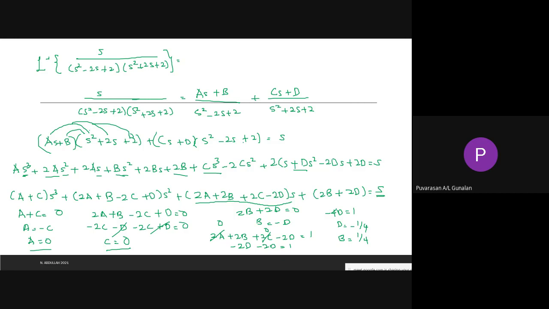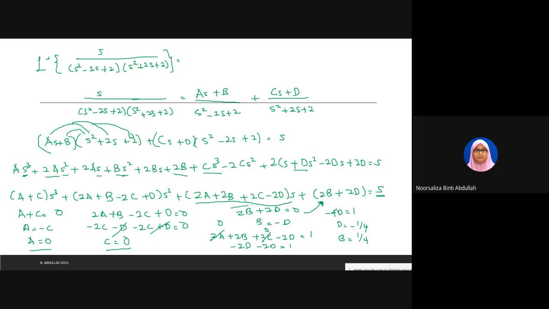Yang part yang ketiga tu, 2A plus 2B plus 2C minus D kan? So, 2B tolak 2D kan, Doktor? Tapi Doktor ada tulis 2B tambah 2D. 2B mana? Yang ini ke? Yang ini daripada sini.